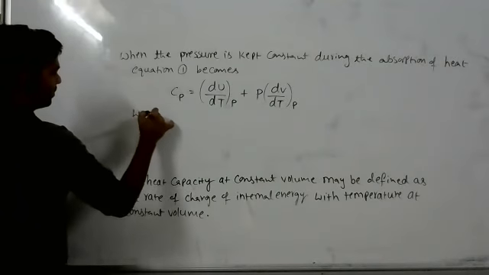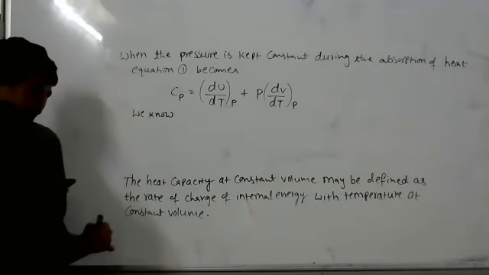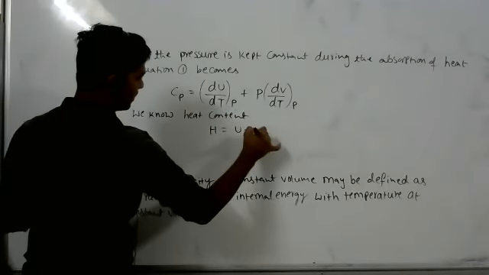So we know the heat content H is equal to U plus PV.